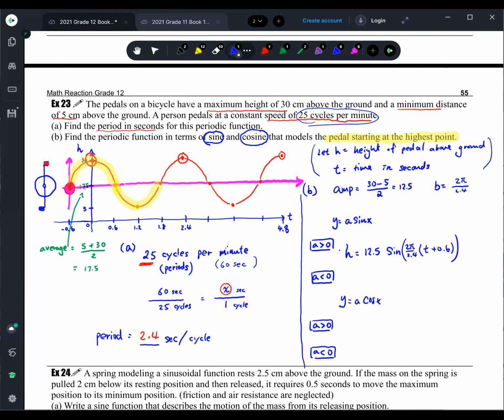And then D is 17.5, so plus 17.5. So that's for our first answer. If there is no reflection for sine, we'll choose that origin.